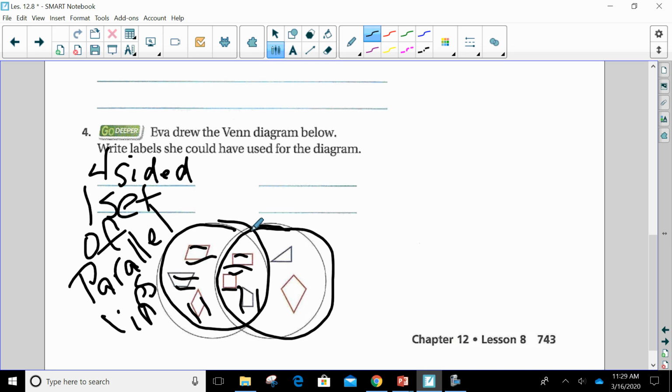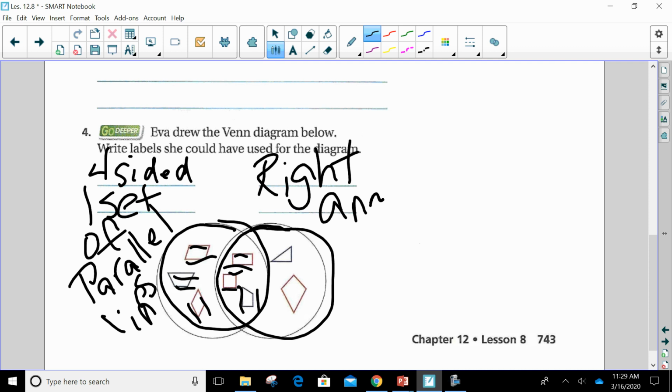What do they all have in common? Well, you know what? One of them is hard to see, but they all have right angles. These don't have right angles, these do.